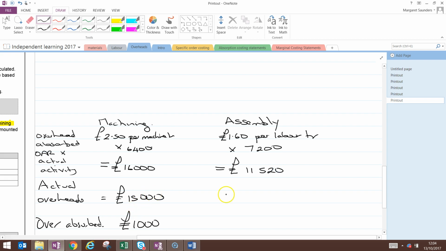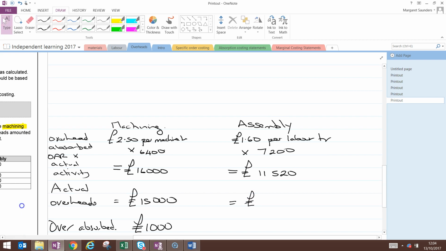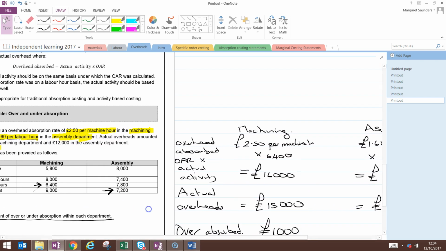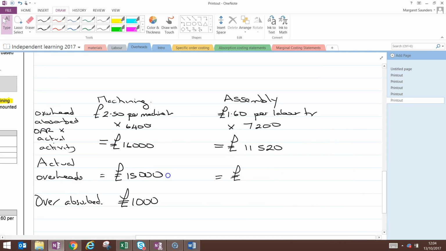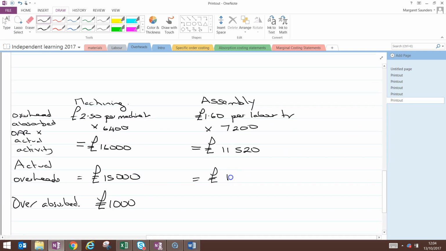How does that compare to the actual overheads that we were invoiced for this department? We're told that the actual overheads were £12,000 in the assembly department. So in this instance, we have under absorbed.